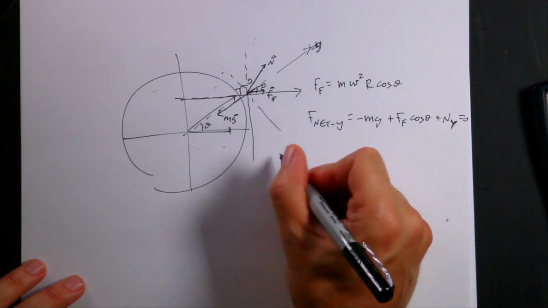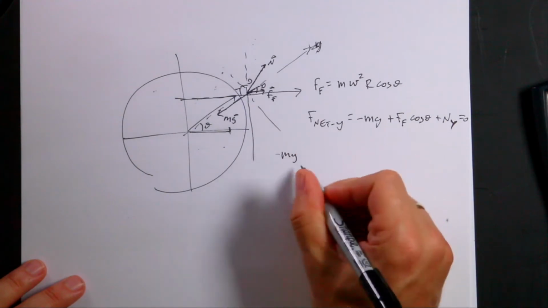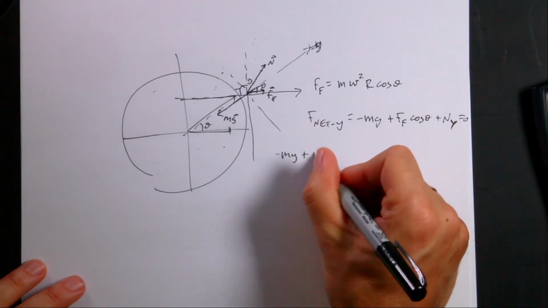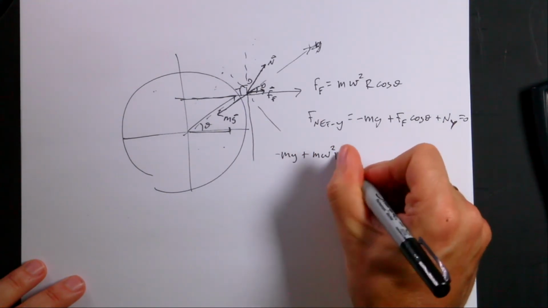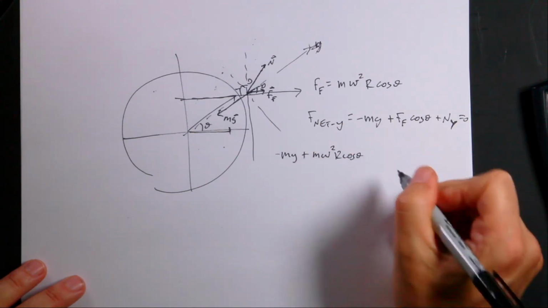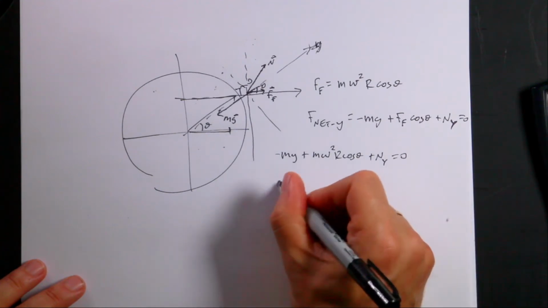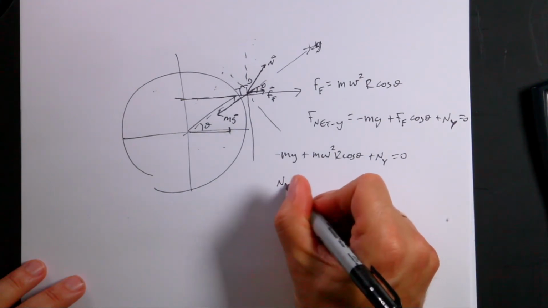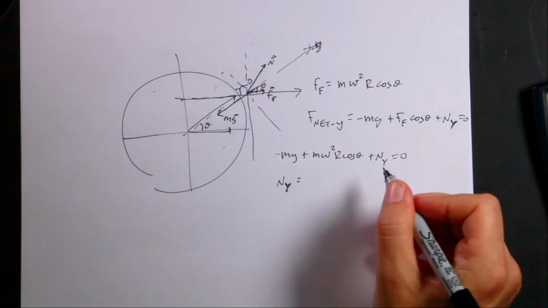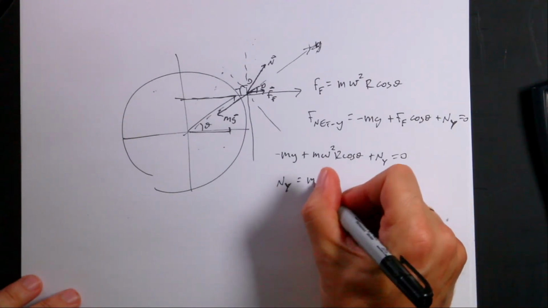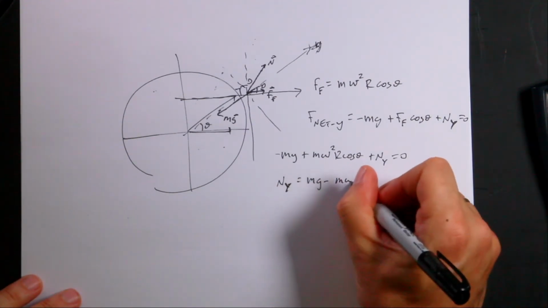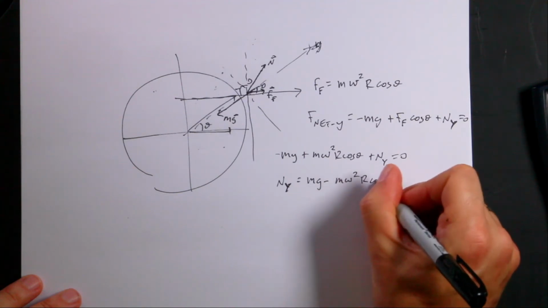So let's write that out as negative mg plus the fake force of m omega squared r cosine theta plus ny equals 0. And so ny is going to be equal to mg minus m omega squared r cosine theta.